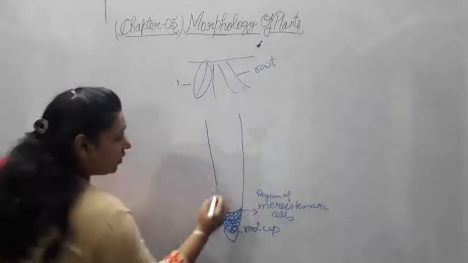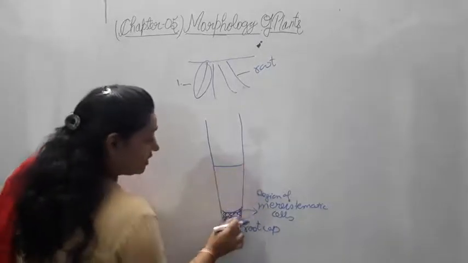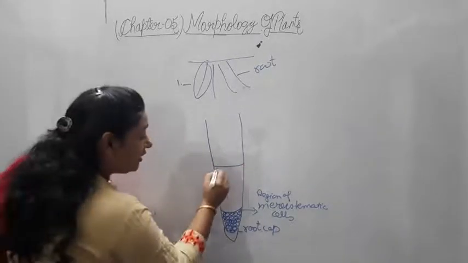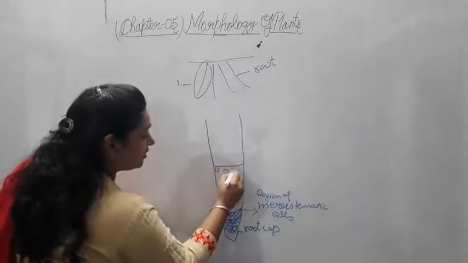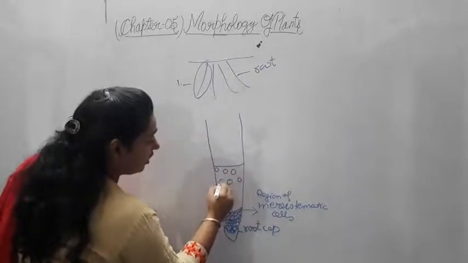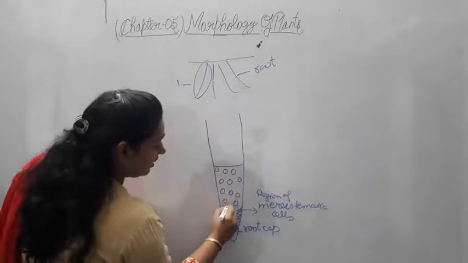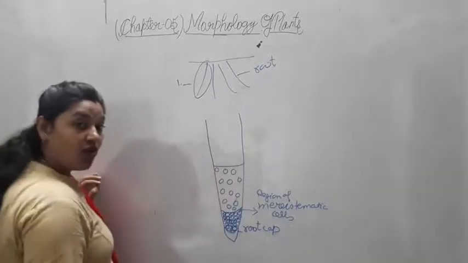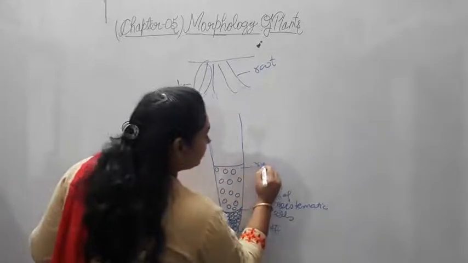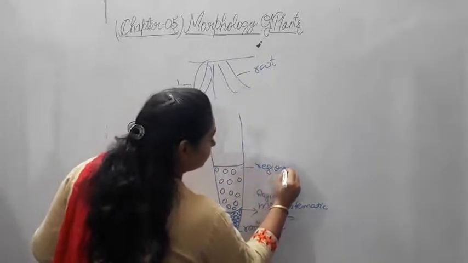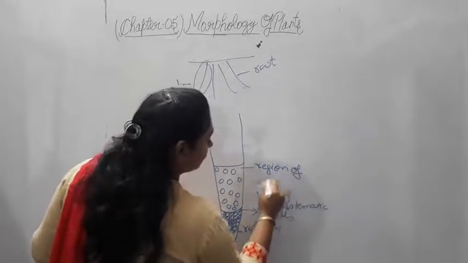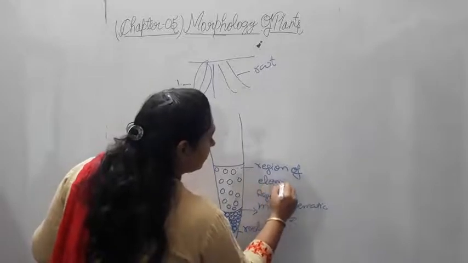And now because of these cells, the area which has increased in length is called the region of elongation.